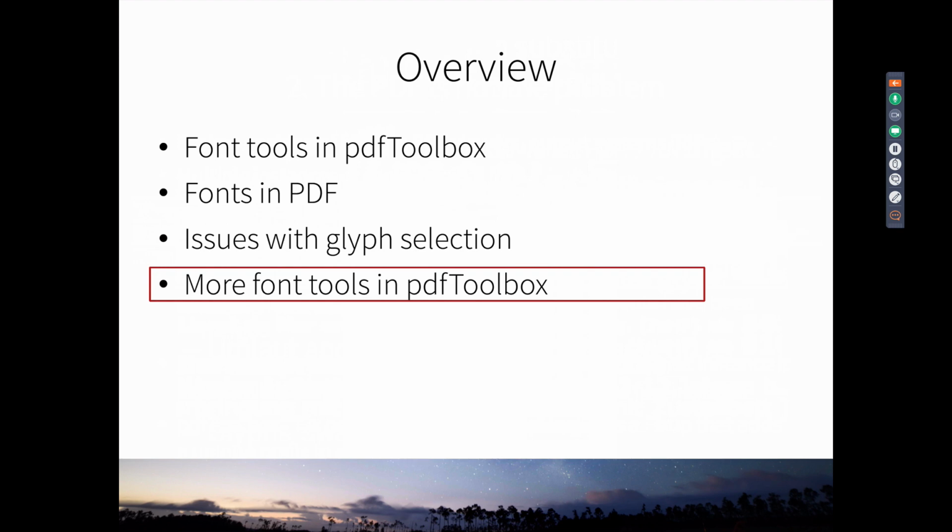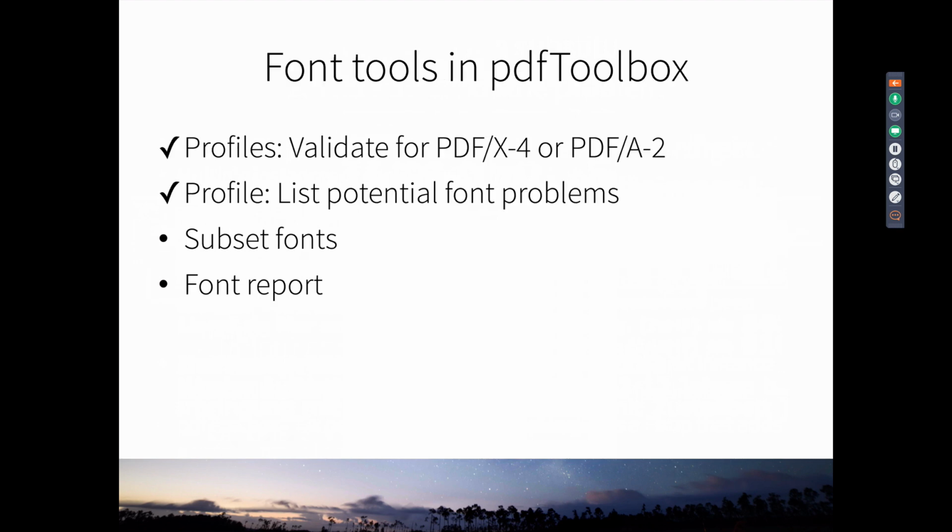I have just a few more slides on other font tools in pdfToolbox. One is a fix-up called subset fonts, and another one is on font reports. And we already had the first two here, the profiles: validation PDF/X-4 and PDF/A-2, or list potential font problems.